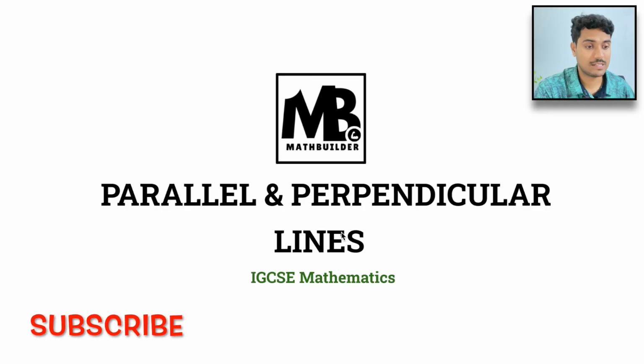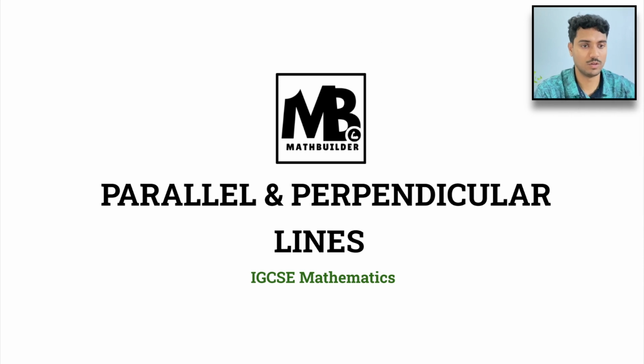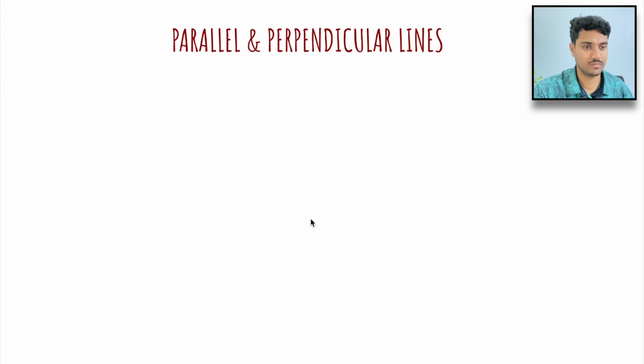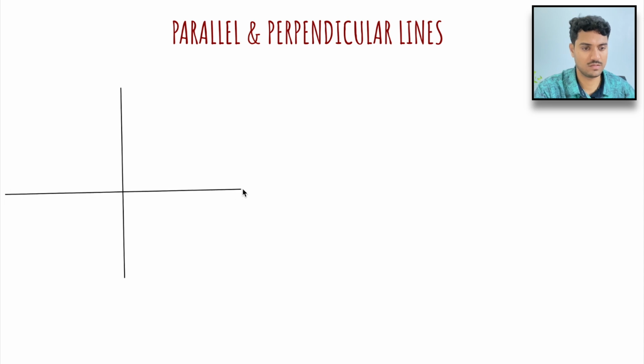So first, for lines to be parallel and perpendicular. So let's check. When we say that two lines are parallel, for example, let's say there's a Cartesian plane like this, and there are two lines.